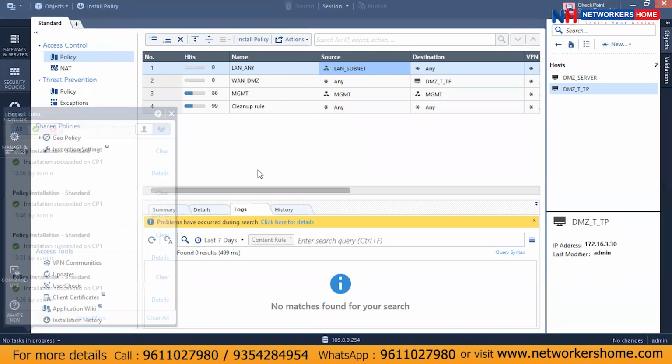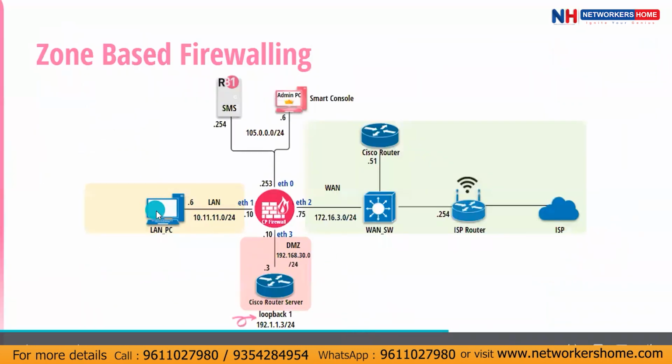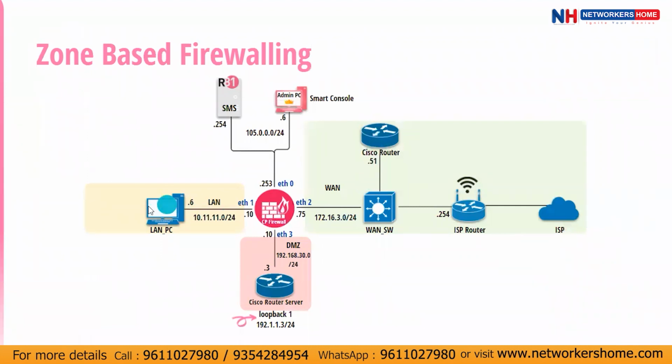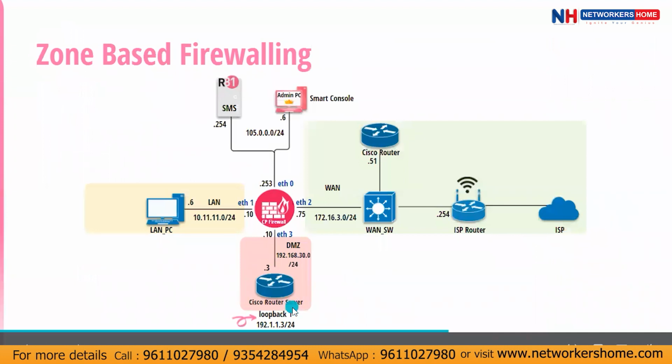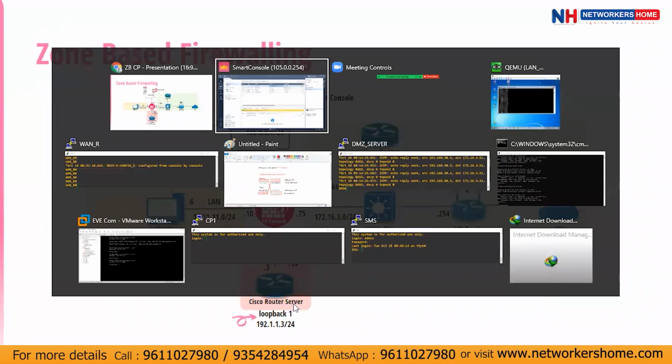Right now, if I go to a LAN PC and ping this WAN router, or try to ping this DMZ server, I should be able to ping. You should have reachability, with routing properly configured.